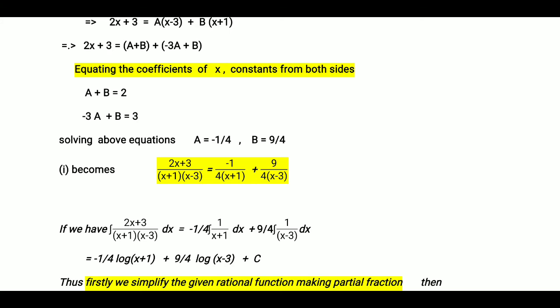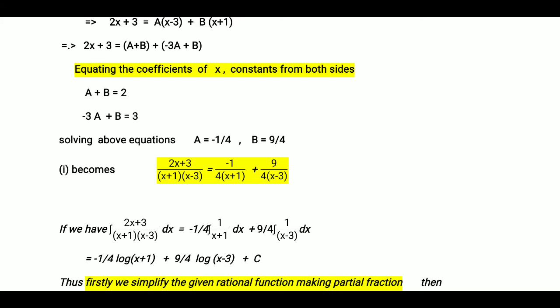Now we can write first (2x + 3) upon (x + 1)(x − 3) is equal to −1 upon 4(x + 1) plus 9 upon 4(x − 3).